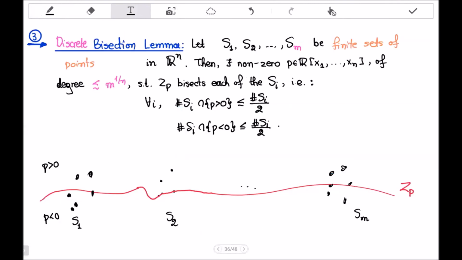On the one side where the polynomial is positive, I get 2 points, that's at most half. And the other side where the polynomial is negative, I get 0 points, which is again at most half. So bisection can be a little counterintuitive sometimes for discrete sets.